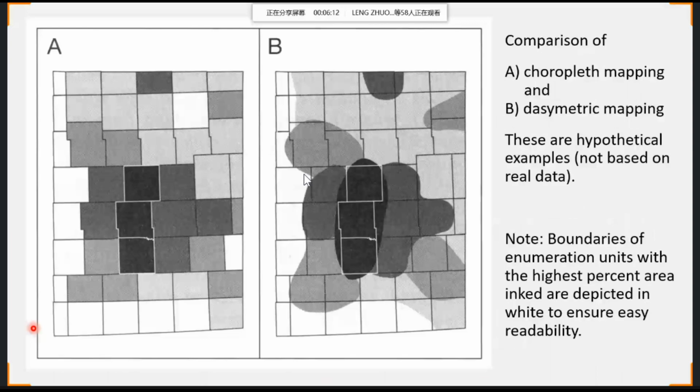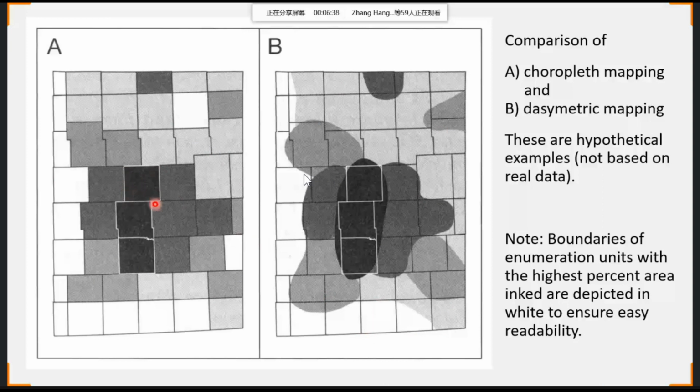Here now are two maps just to illustrate what is meant with this redistribution. A is the normal choropleth map we talked about last week, and B now is a dasymetric map. And you see the boundaries are different. Here, the boundaries are the enumeration units.